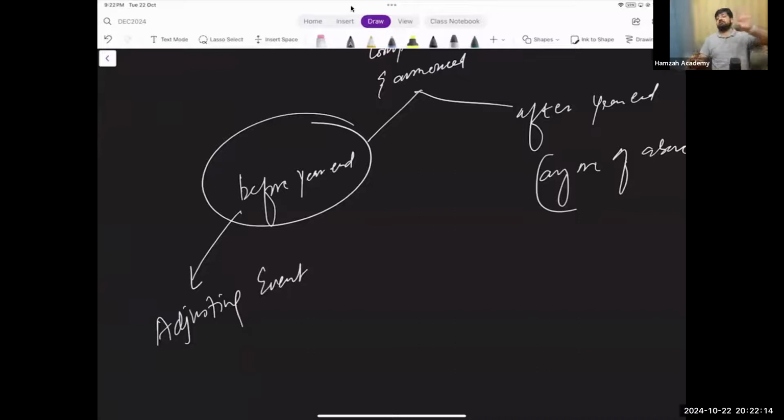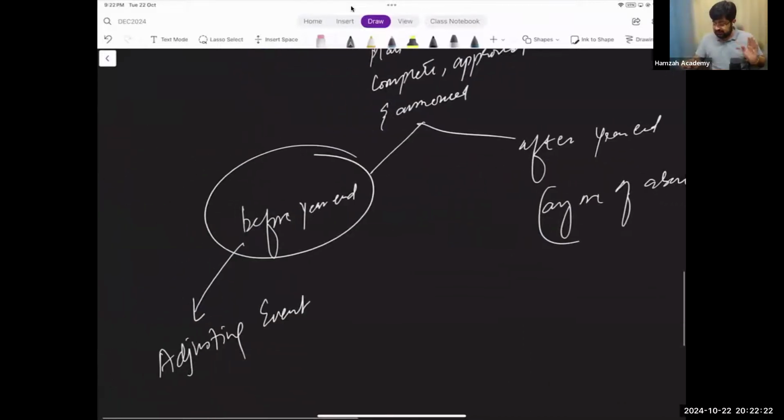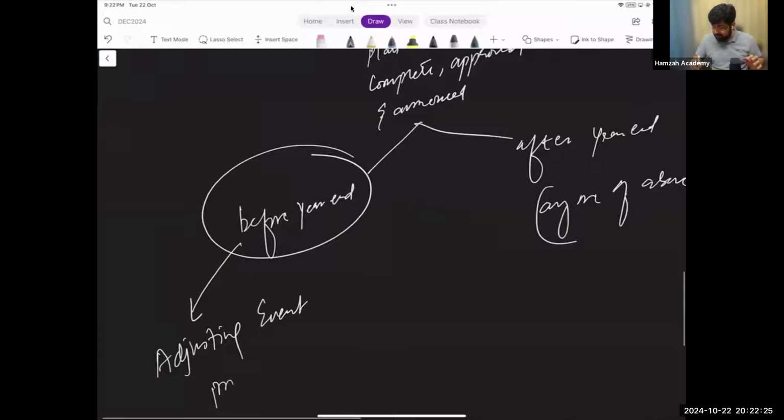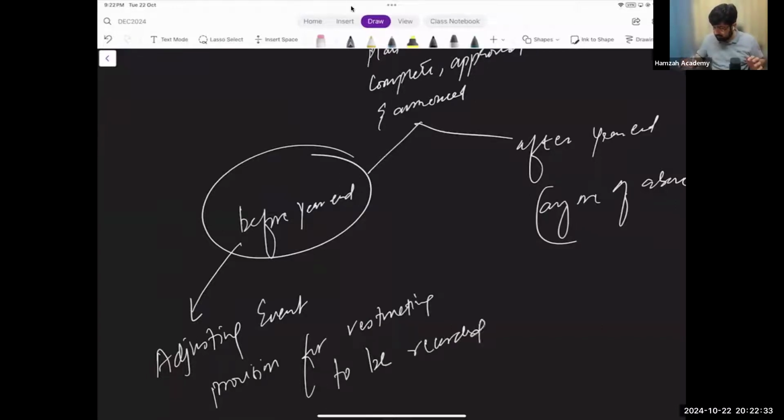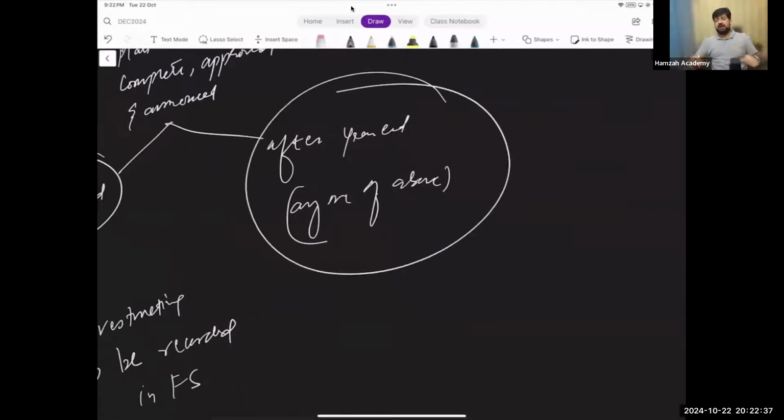If all three occurred before year end, it is an adjusting event and a provision for restructuring is to be recorded in financial statements. Even if one single one, even announced after year end, it is not adjusting. If it was announced after year end, it is a non-adjusting event.